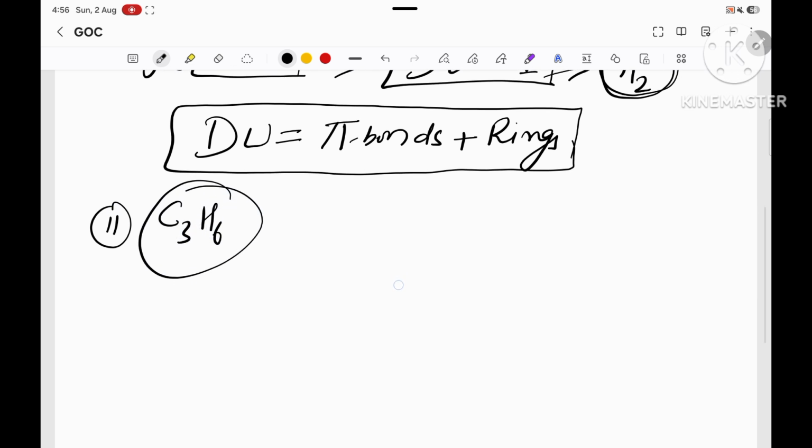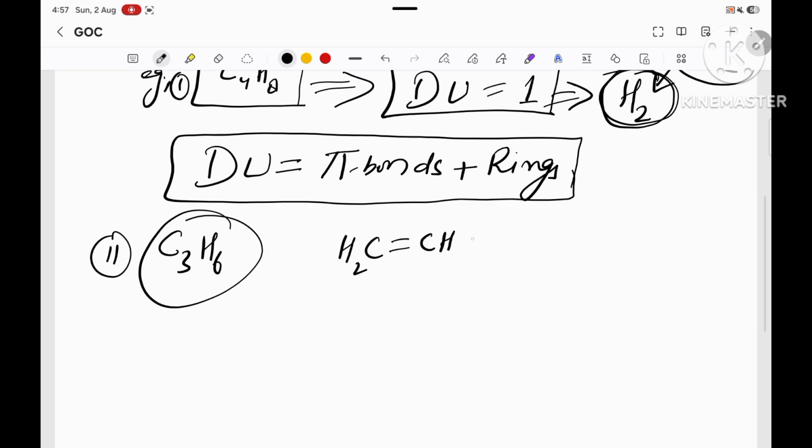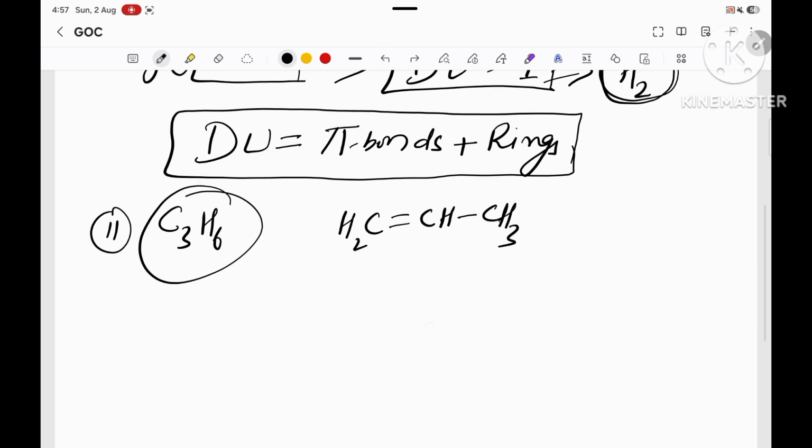Now we will give another example, C3H6. We write CH2 double bond CH and CH3. This is unsaturated as it contains a double bond. Or we can write this in the form of a cyclic structure, CH2, CH2, CH2.